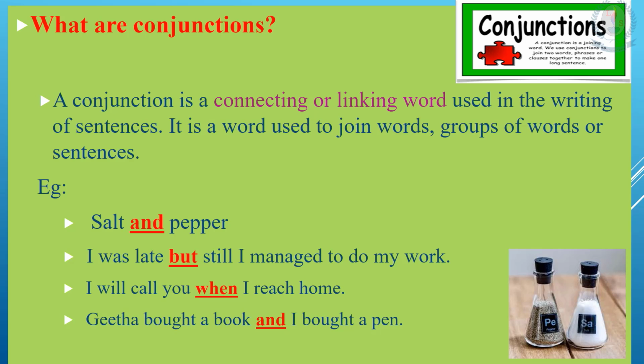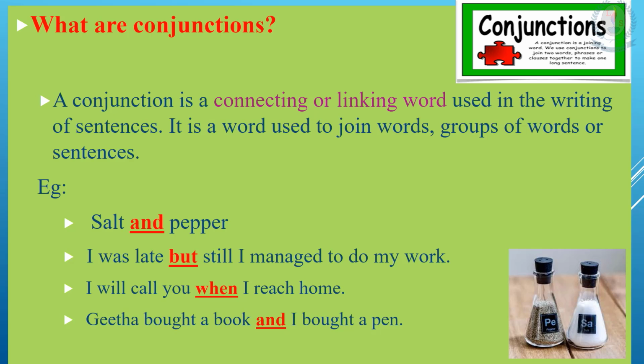A conjunction is a connecting or linking word used in the writing of sentences. It is a word used to join words, groups of words, or sentences. We can use a conjunction to join two words, a group of words, or two sentences.